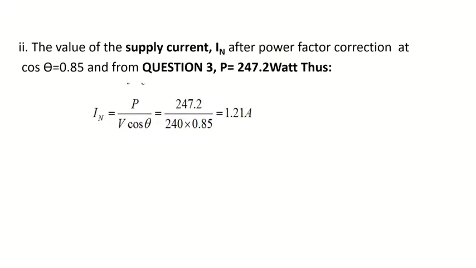So you get the new current as 1.21 ampere. Compared with the current previously, without the power factor correction, which is 2.2 ampere, you can see the change. The current is reduced when you do the power factor correction.